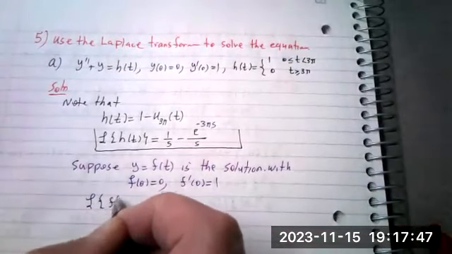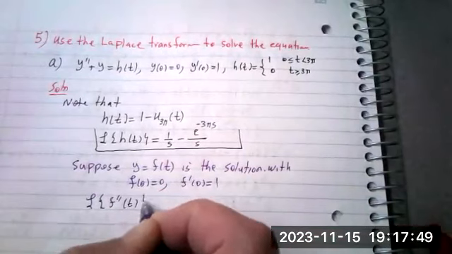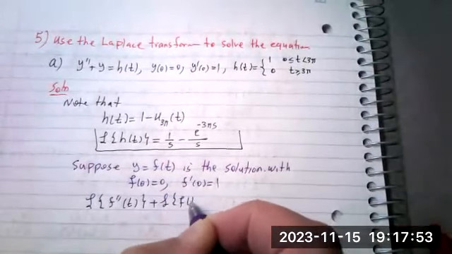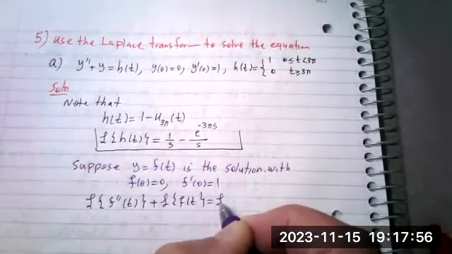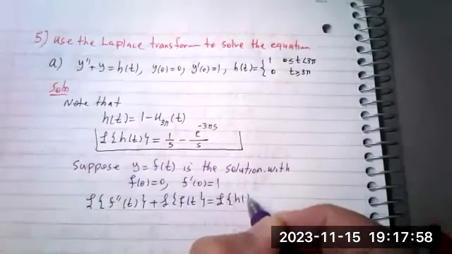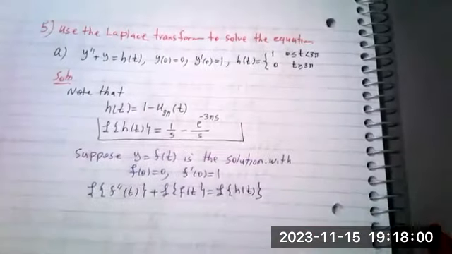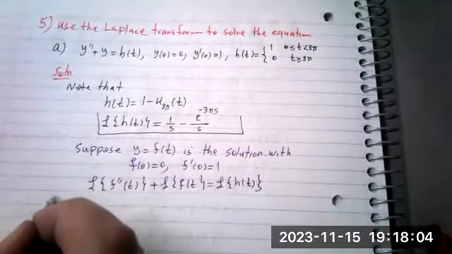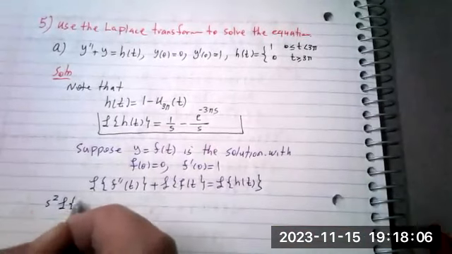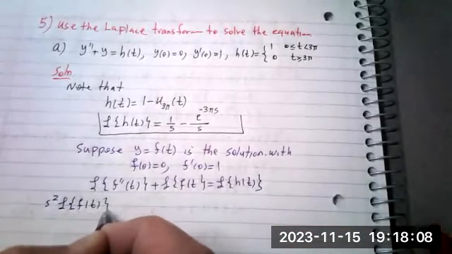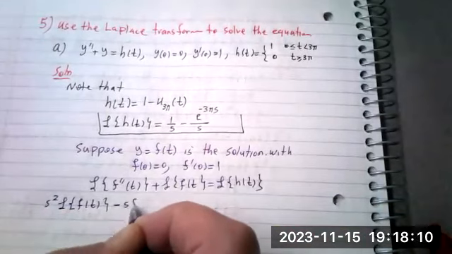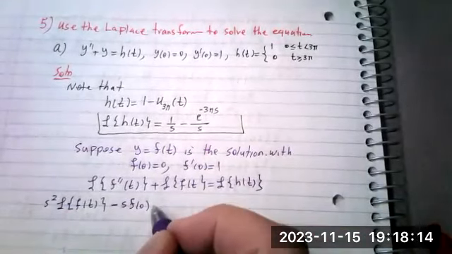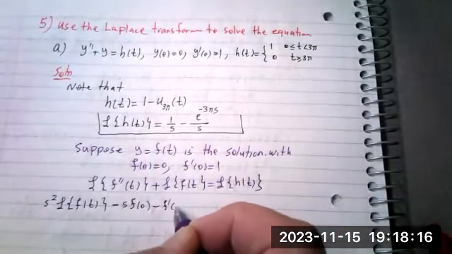We're going to have the Laplace of f double prime of t plus the Laplace of f of t equal to the Laplace of h of t. Now for the f double prime, it's going to be s squared times the Laplace of f of t, minus s times f of 0, and then minus f prime of 0.